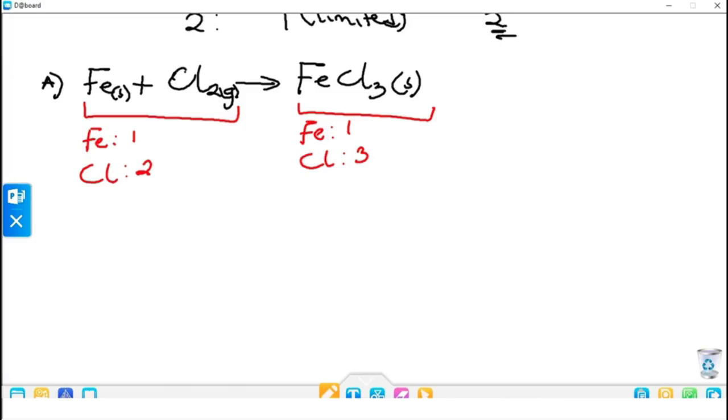The next step says we have to fix in coefficients to balance the unbalanced species, the unbalanced elements, so to say. But in trying to balance that which is not balanced, we ought to take care not to disrupt the already balanced participant.